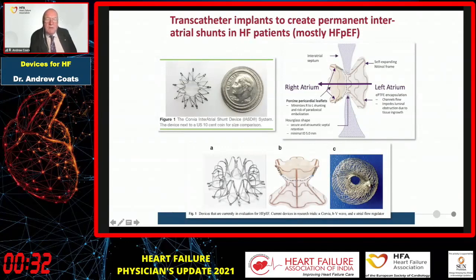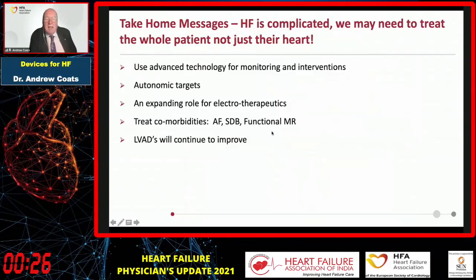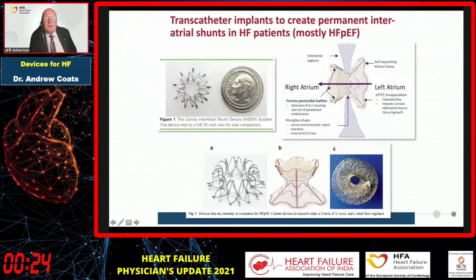Here we see 3 manufacturers' devices, slightly different designs. Some of them are valved, some of them aren't. And all 3 have been shown to reduce pulmonary artery pressures, reduce congestion, and in some cases improve exercise tolerance. But none of the trials have reached the stage where we have definitive outcome data as yet.